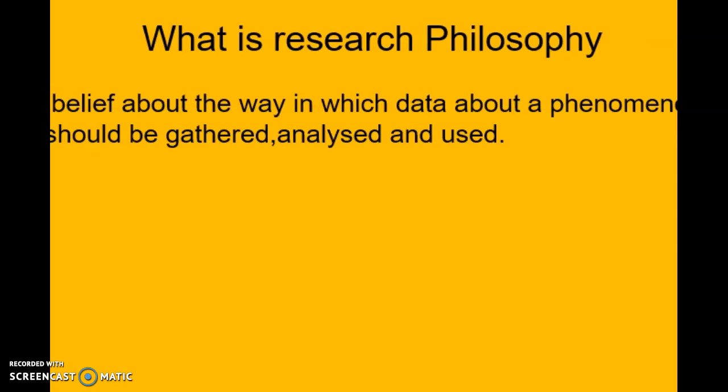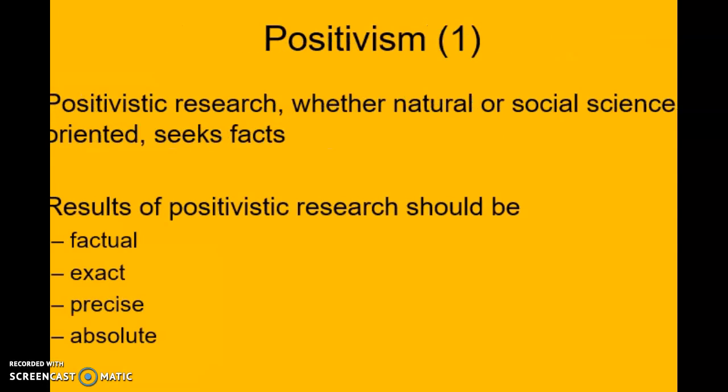So the next thing that we would look at is the different types of research philosophies that are out there and that you could also use when you start to do your own research studies. The first one is what we call the positivism philosophy, and this philosophy is the one that's mainly used in the natural or social sciences.